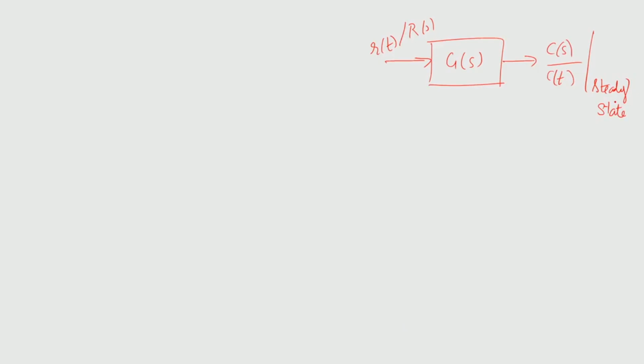Let me assume that G of s is something like some constant over T s plus 1. This is what is called the transfer function in the time constant form.